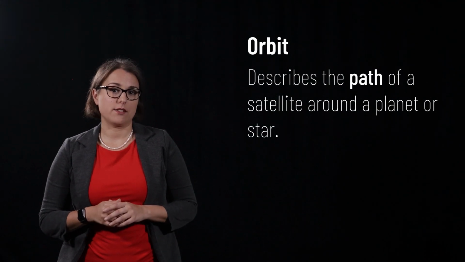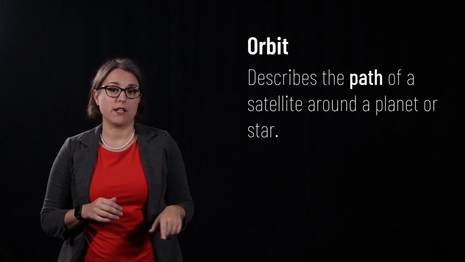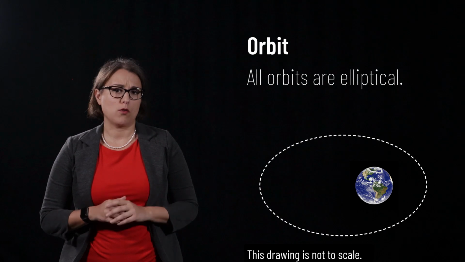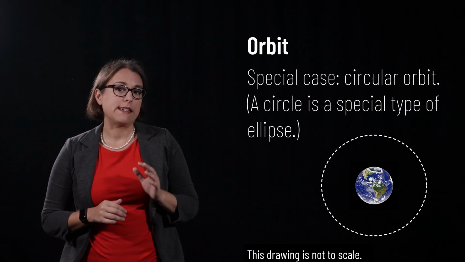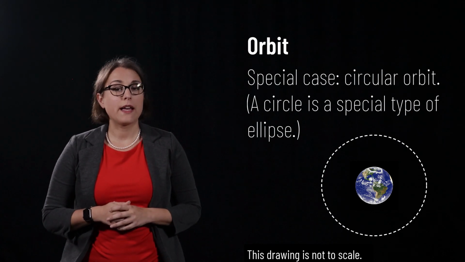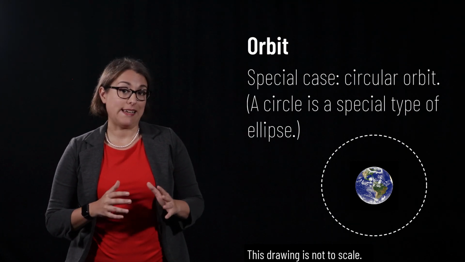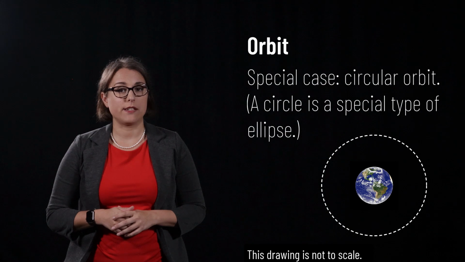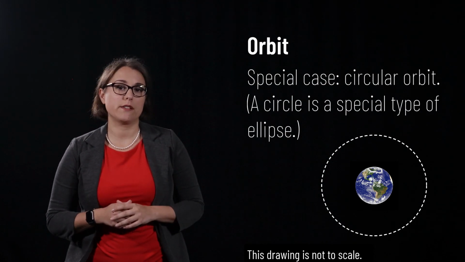Now that we know how to calculate the orbital velocity of a satellite, we can start to get an idea of the shape of a satellite's orbit. The orbit of a satellite describes its path around a planet or star. All orbits are elliptical. A special case of an elliptical orbit is the circular orbit. Our baseball example and calculations for the International Space Station described circular orbits.